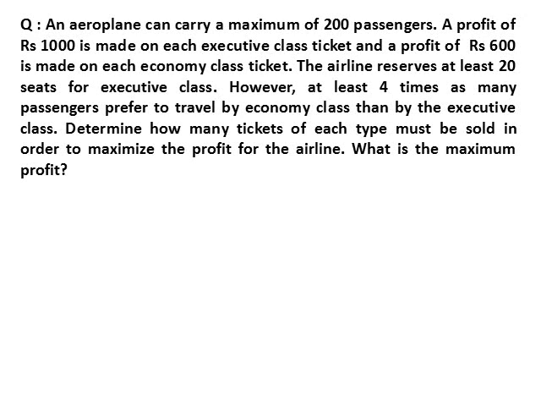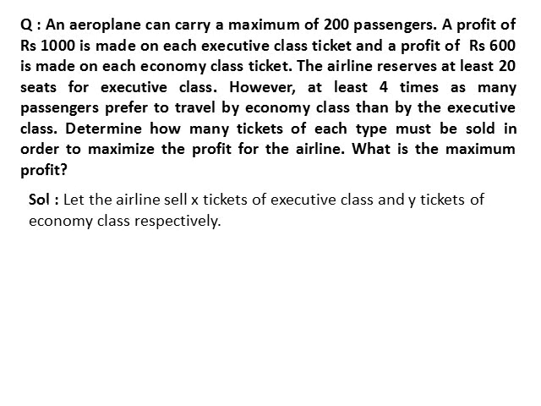Students, we need to find number of tickets of each type, executive and economy class, to be sold in order to get maximum profit for the airlines. So, let the airlines sell x tickets of executive class and y tickets of economy class. Profit on one ticket of executive class is rupees 1000.